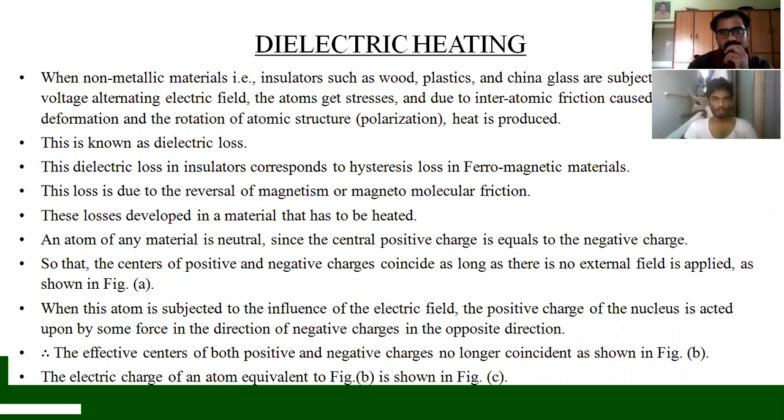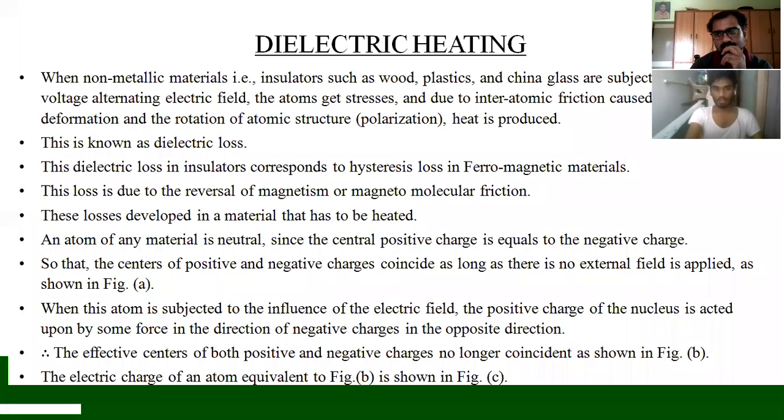In yesterday's class, we learned about induction heating methods, how they are employed to heat up the charge, and how the furnace is taken. Induction heating is classified into two types, direct type and indirect type.